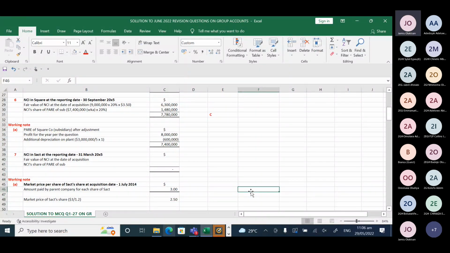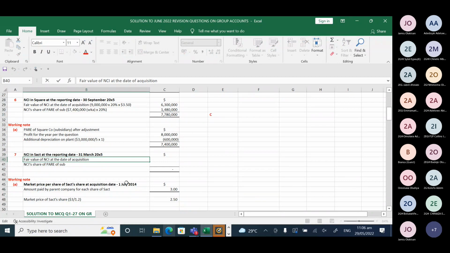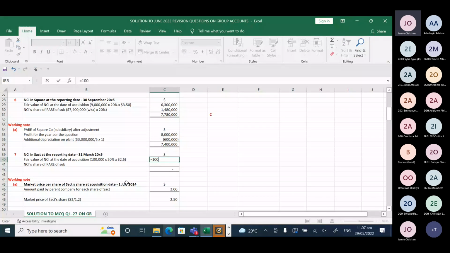That takes me to 2.5, as you can see. So the fair value of NCI at the date of acquisition is 100,000 shares multiplied by 20%, multiplied by 2.5. Equal 100,000 times 20% times this 2.5.